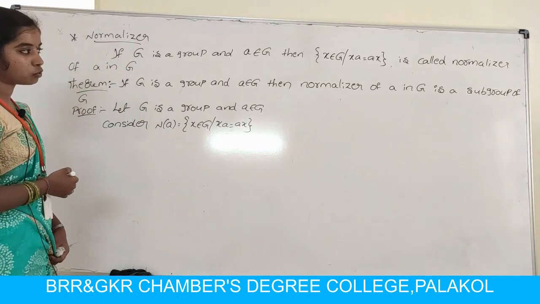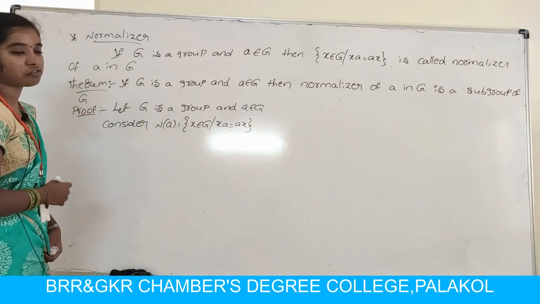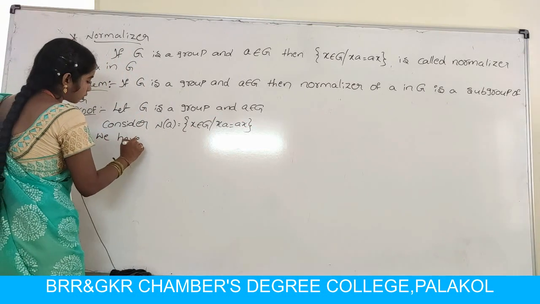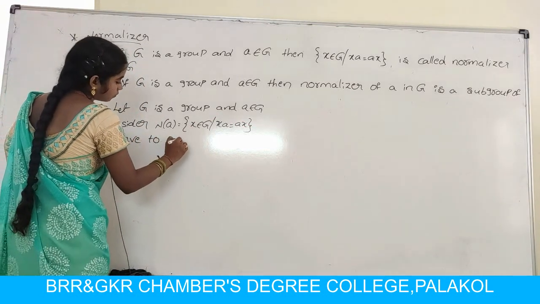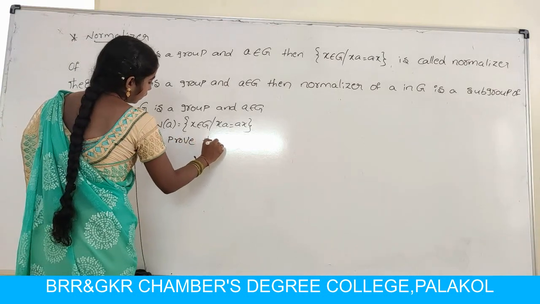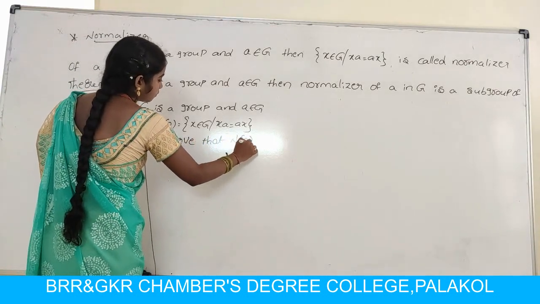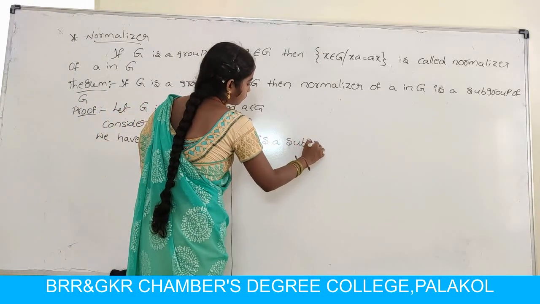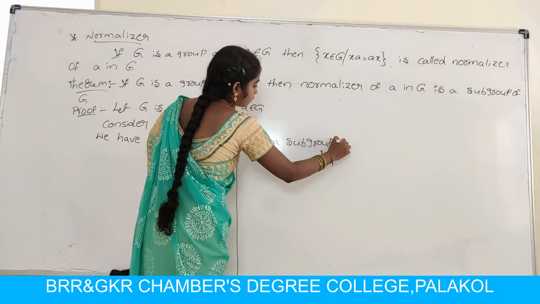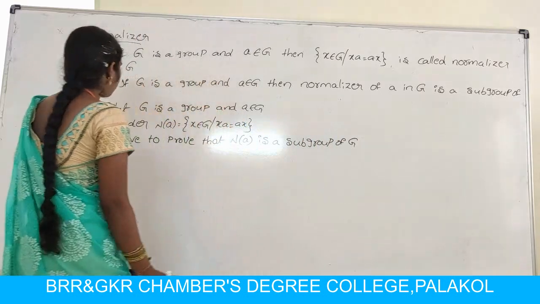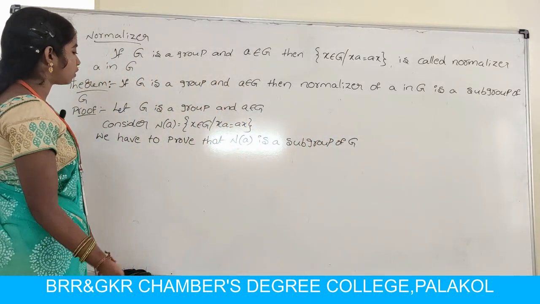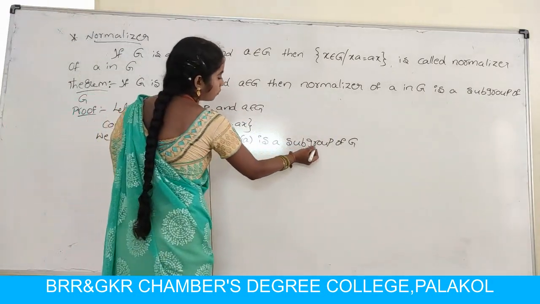So we have to prove that the normalizer N of A is a subgroup of Z. Already you know the subgroup definition.